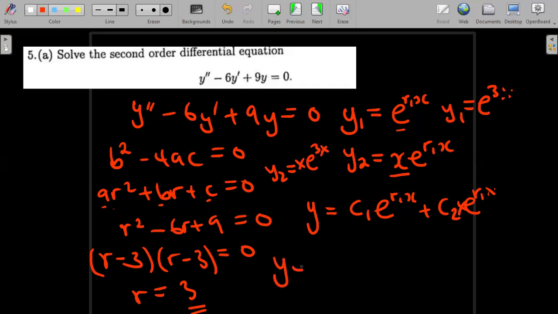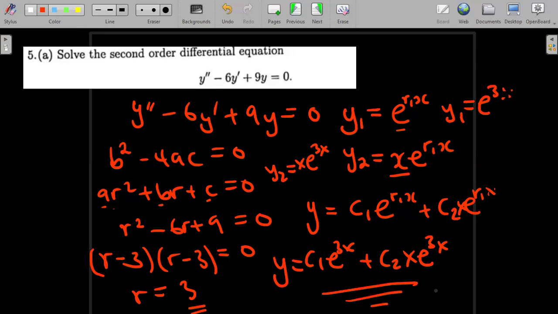Then you replace in there, you get c1 e to the power 3x, then plus c2 x e to the power 3x. So this is going to be the general solution of this differential equation. So this is how it's going to look.